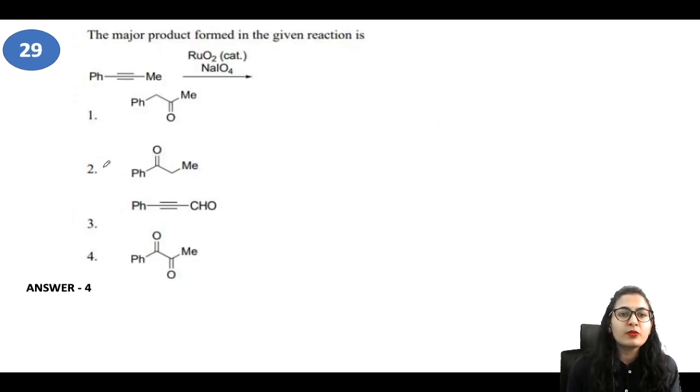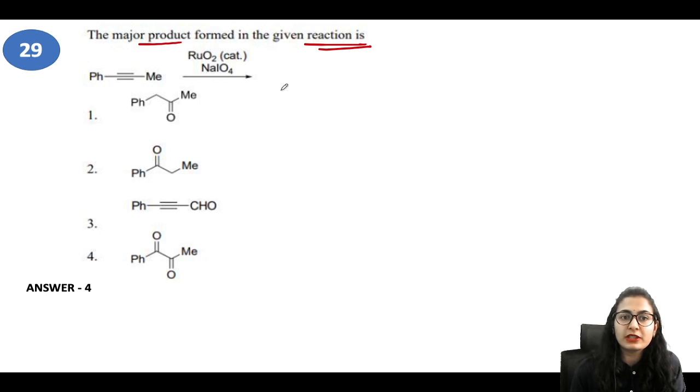Okay. Moving onwards, the major product formed in the given reaction is. Now, when we react this kind of a ruthenium reagent, ruthenium in the presence of NaIO4 is going to be behaving as a strong oxidizing agent. What does it do?